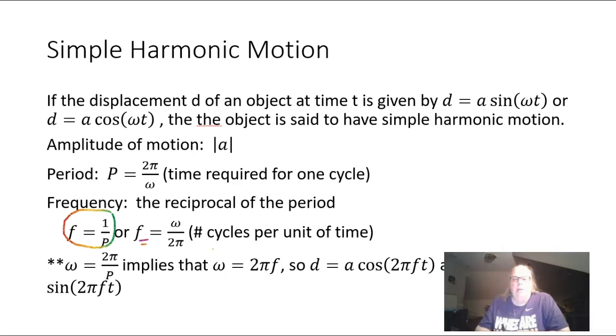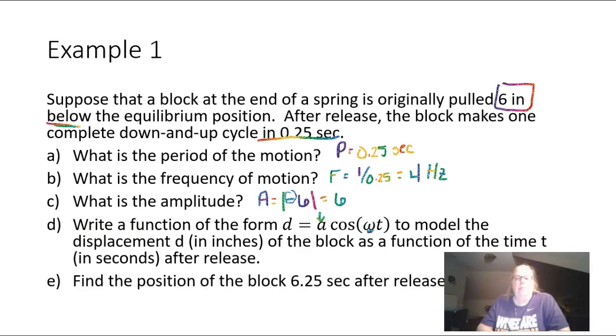Or we can use this formula, that omega is equal to 2 pi times the frequency. We get that just by cross multiplying. So let's find out what omega is. Omega is 2 pi times the frequency, which we found to be 4 hertz, and that gives me 8 pi.